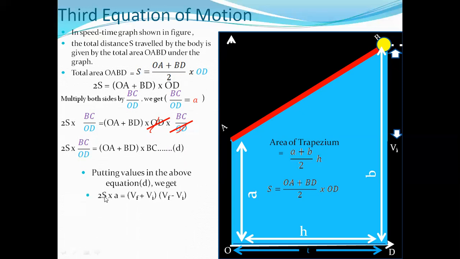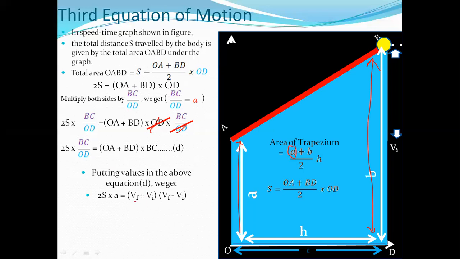So 2S is written as it is. BC over OD is A. OA plus BD is basically the total of the two sides. OA is from here to here, and BD is from here to here. So we are adding these two up. OA was Vi, and BD was this much part.